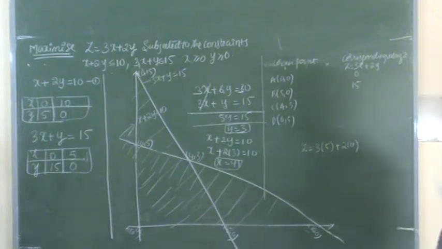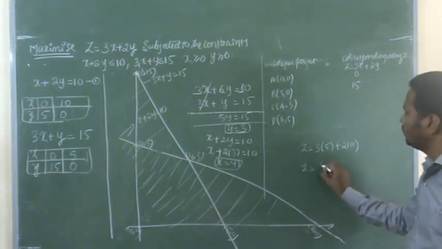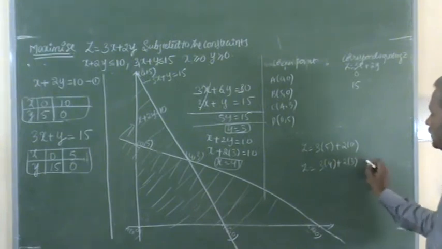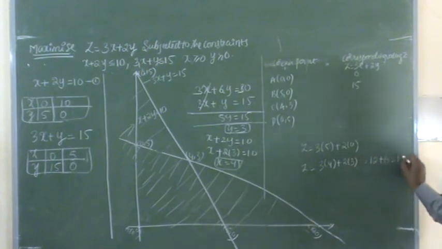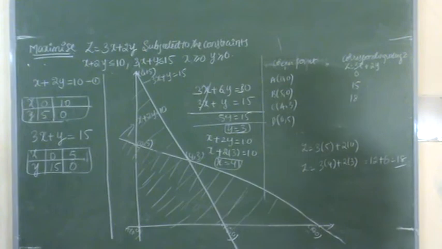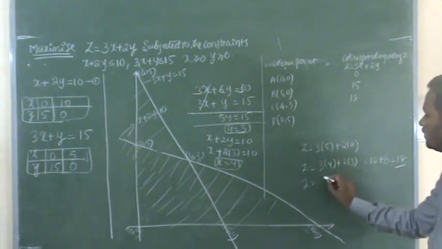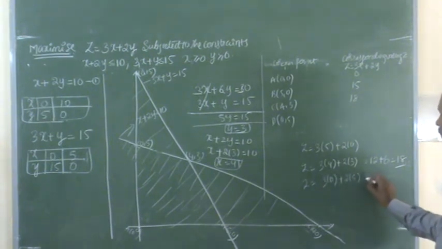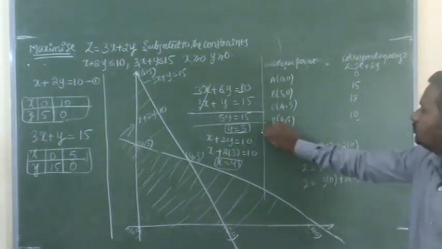For point C, z is equal to 3 into 4 plus 2 into 3, that is 12 plus 6, which is 18. For the fourth point, z is equal to 3 into 0 plus 2 into 5, that is 10.